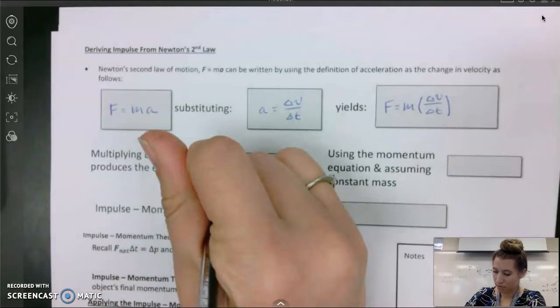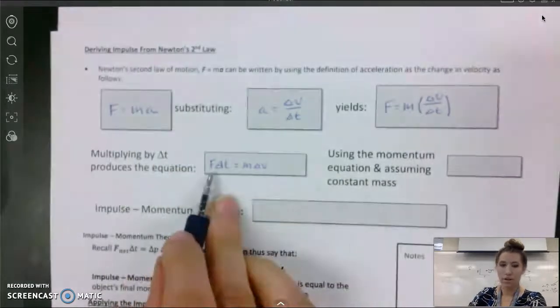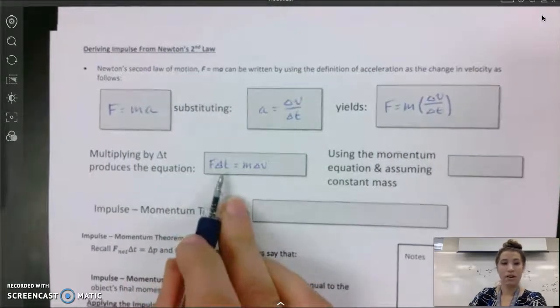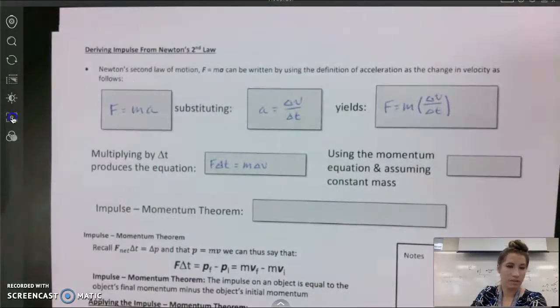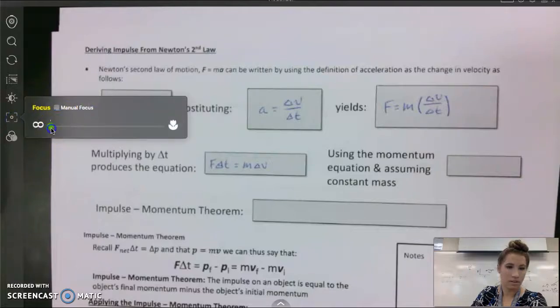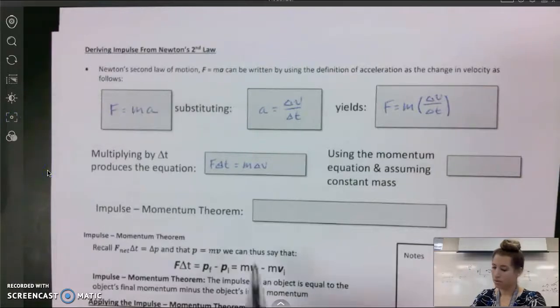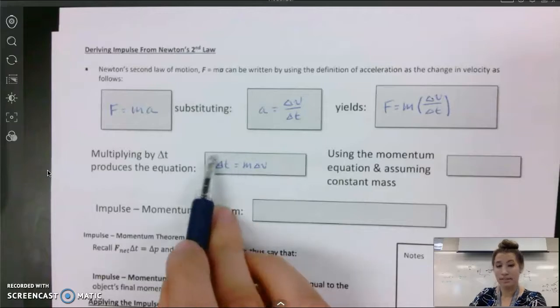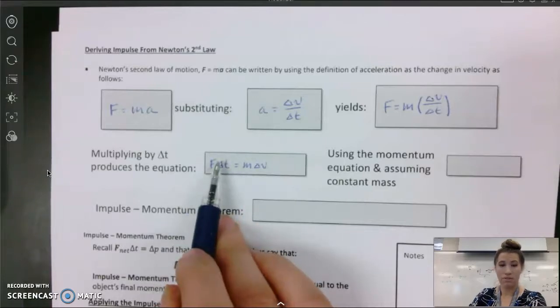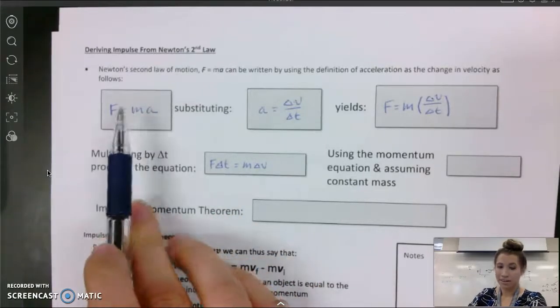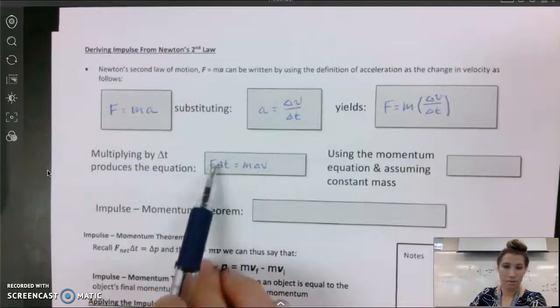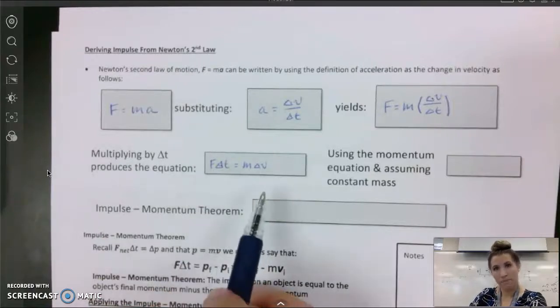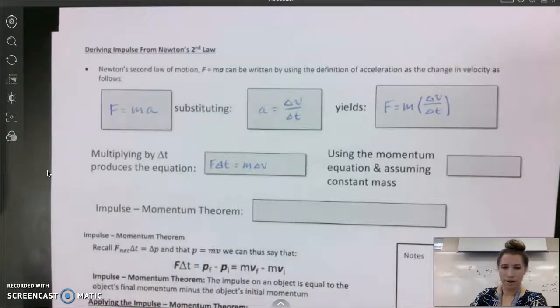This should look familiar. Force being applied over a change in time. Force being applied over a given amount of time, that's impulse. Okay, so we've started with Newton's second law and we have found impulse, and we're going to clean it up a little bit to get our final thought with momentum now.